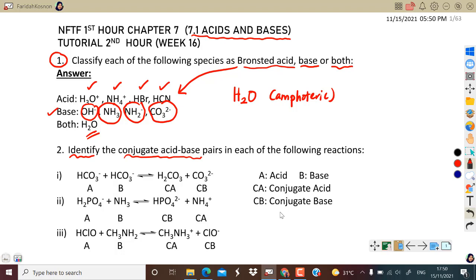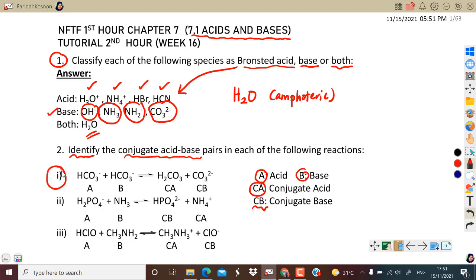To make it simple, I use a simple notation where A is an acid, B is the base, Ca is the conjugate acid, while Cb is the conjugate base. Given to you in the question is a chemical equation. To answer this question, as a guideline, you may refer to the conversion of the species involved in the chemical equation.